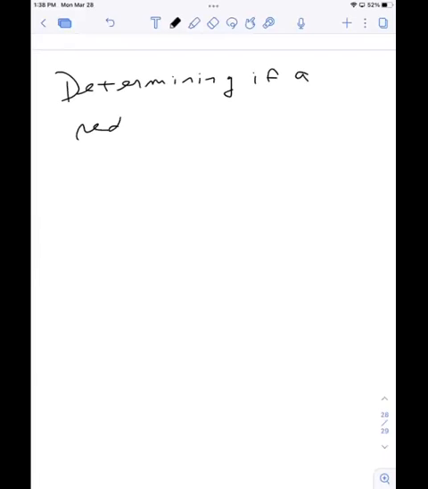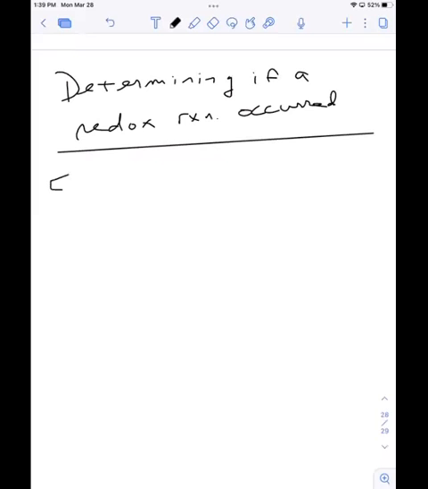In the first example, we're going to determine if a redox reaction happened. Right. And again, what we're looking for is, did the oxidation number change from the starting material, going from reactants to products?